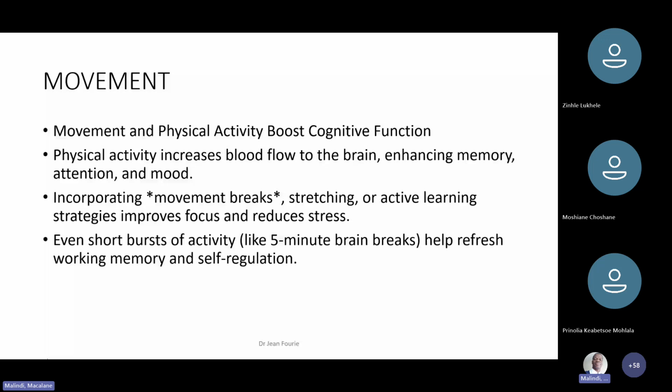So research has shown that even short bursts of activity, like a little 5-minute break away from some paper-based or computer-based task, will help to refresh working memory and self-regulation, and those directly impact the learning and memory, remembering of content that takes place. So remember, as teachers, to think about the physical movement activities that the children in your class are doing.